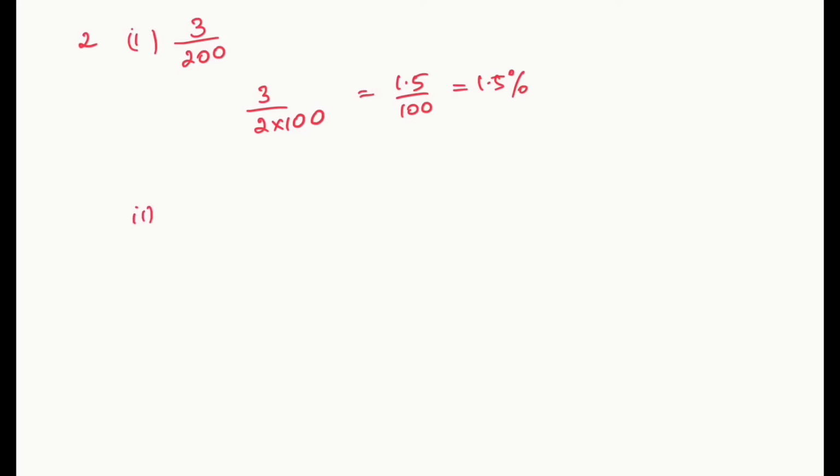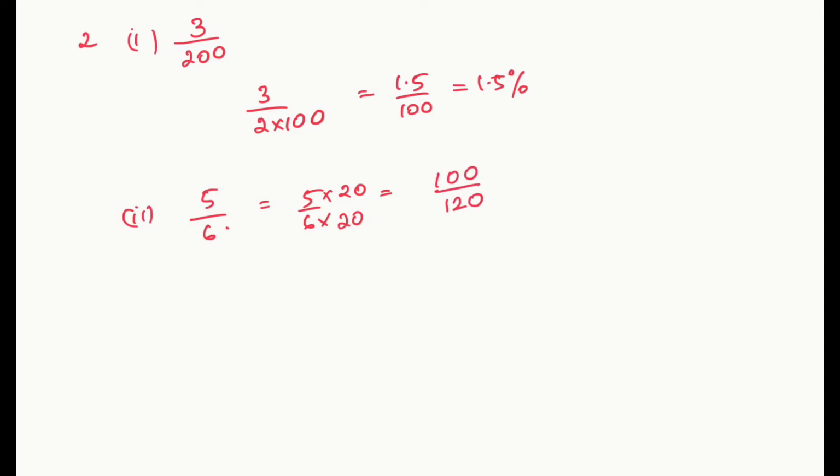Now coming to the second question, 5 by 6. If you multiply 6 with what, you get near to 100, you check. Let me check with 20, I get 100 by 120.